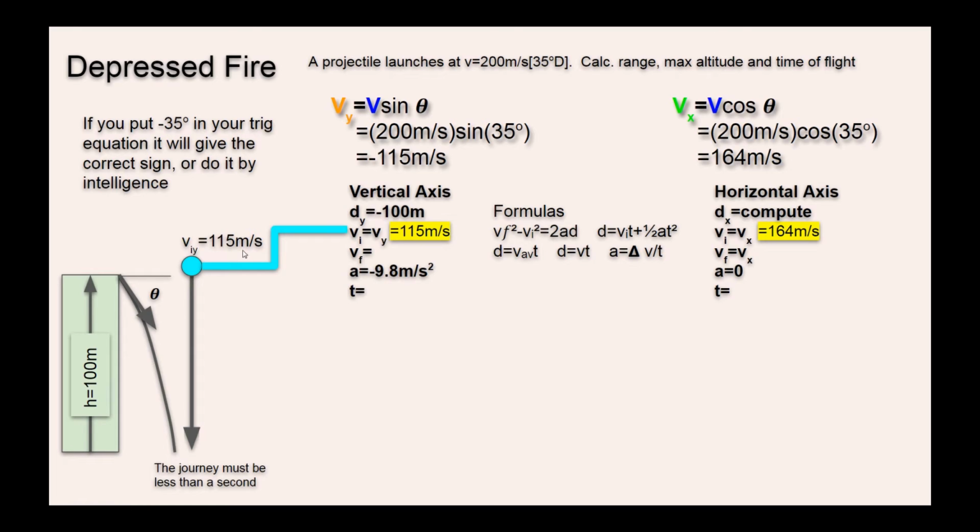You shoot the cannon down, so the vertical speed is 115 meters a second. Seriously, it's going to be less than 1 second before it's at the ground. It's already moving so fast, even gravity is going to go like, whoa, it got right by me. I didn't even have any chance to accelerate it. So right off the bat, you should be able to see that this problem is going to be over in under a second.